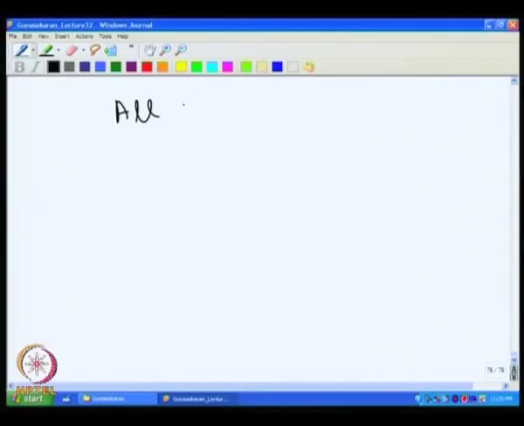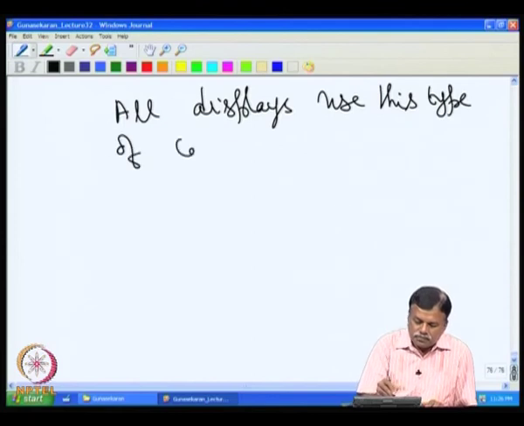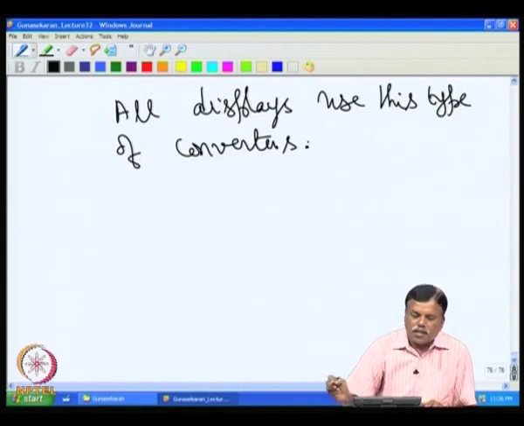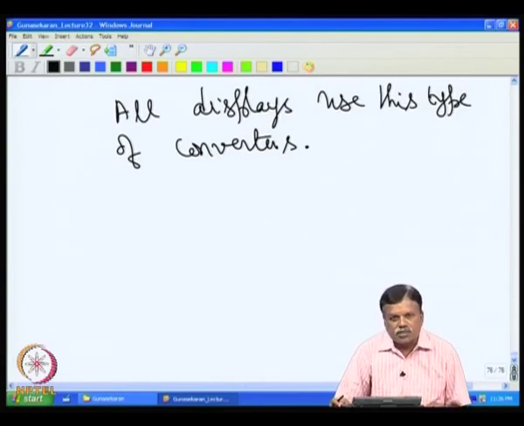All displays use this type of converters. This kind of converter is available for 3.5 digit, 4.5 digit, 3 digit, and so on.